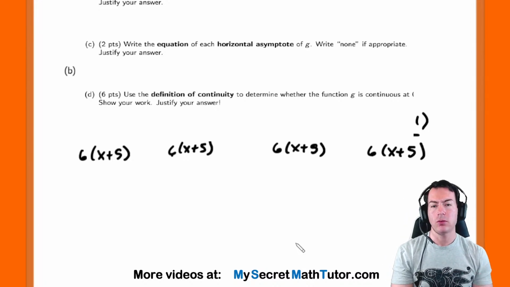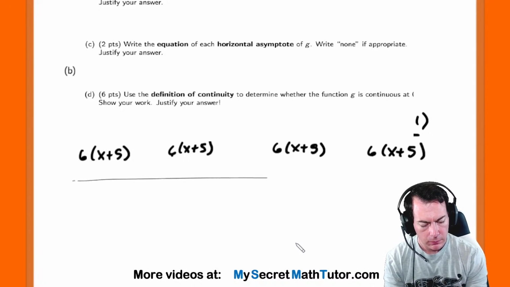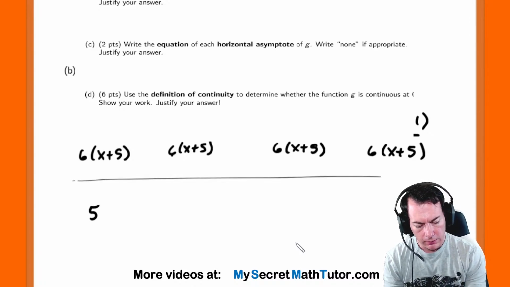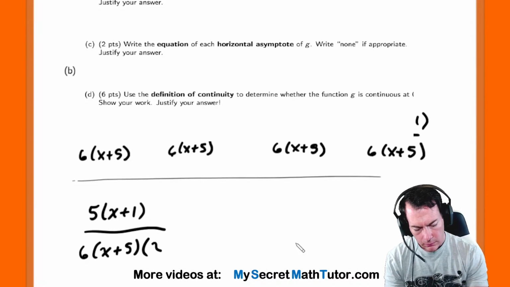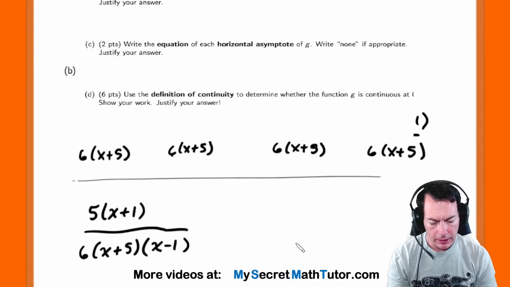So really, that's what's happening in the numerator. Okay, so we have that. Set that off to the side. And this is being divided by x minus 1, so we're going to put a little x minus 1 in the bottom like we have there.